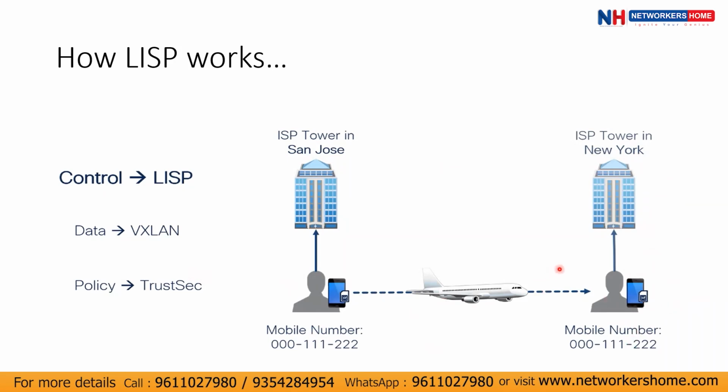It is the same as this scenario which we use in our daily life, right? This is quite simple. So mobility is the main use case for LISP, and computation and memory are another added advantage when we are talking about LISP.